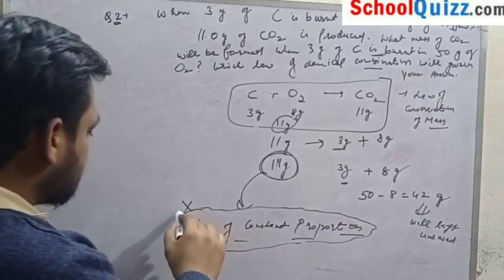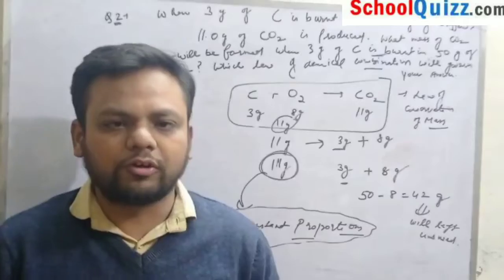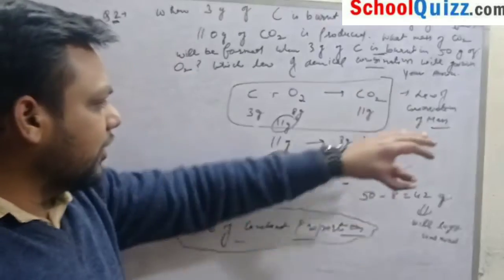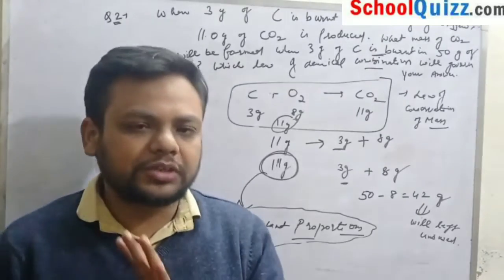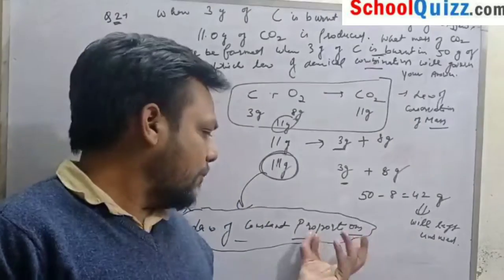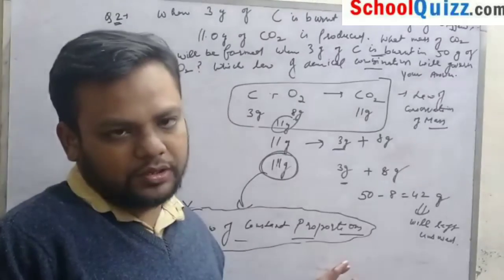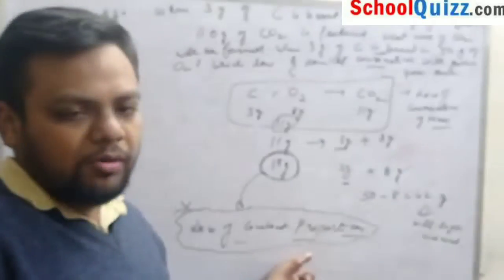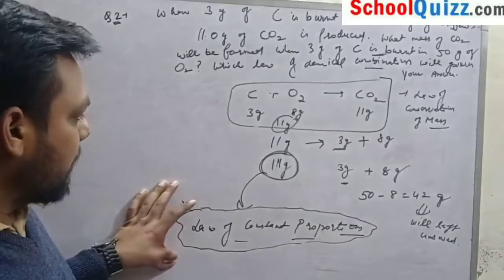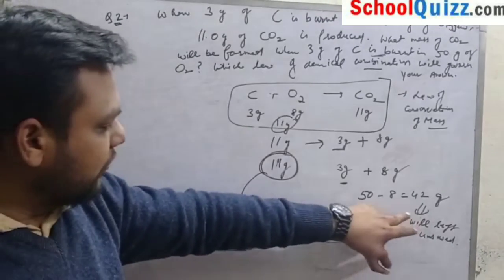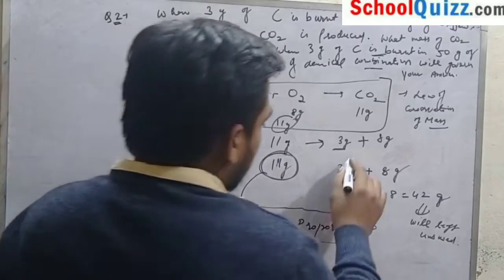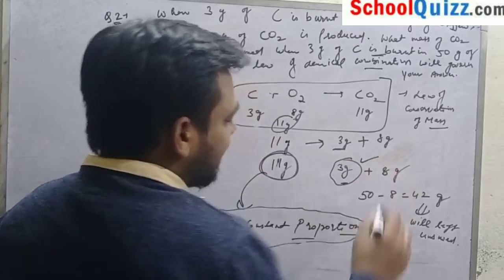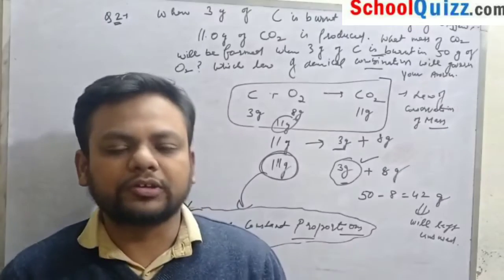So the answer comes out to be the law of constant proportions. If you write law of conservation of mass plus law of constant proportions, your answer will not be wrong, but you have to mention the law of constant proportions mainly. Only 3 gram of carbon is used and the rest of the 42 gram of oxygen will be left behind.